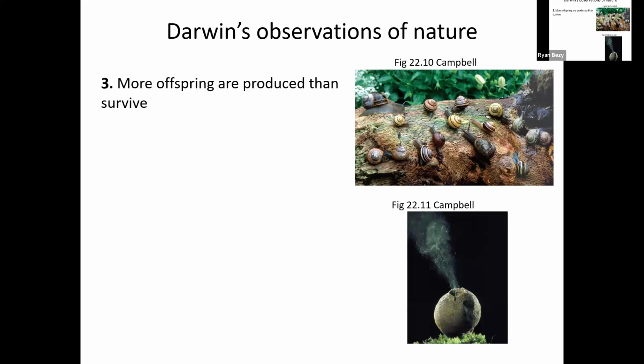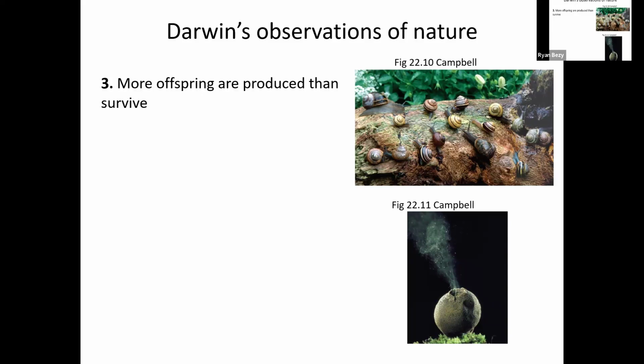What he also saw in many cases is that a lot of times more offspring are produced than survive to reproductive age. So you might produce offspring, but not all of those offspring are going to be successful and go on to reproduce themselves. An example: has anybody ever stepped on a puffball mushroom?